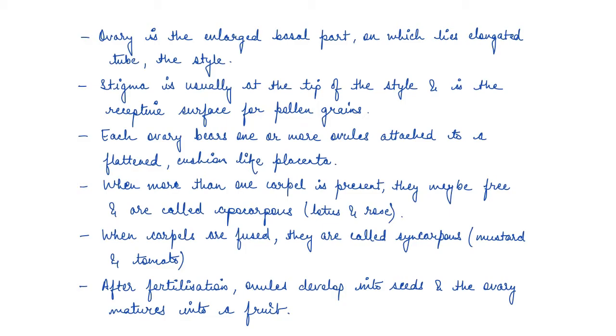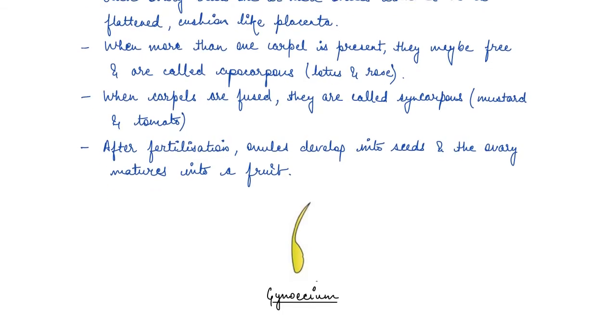So when more than one carpel is present, then they may be free, which is apocarpous, which happens in rose and lotus. And if the carpels are fused, they are known as syncarpous, which is the case in mustard and tomato. Okay. Now, after fertilization, these ovules develop into seeds and the ovary matures into a fruit.